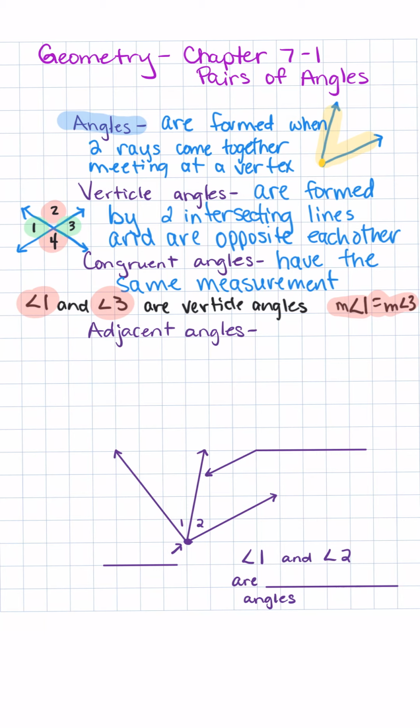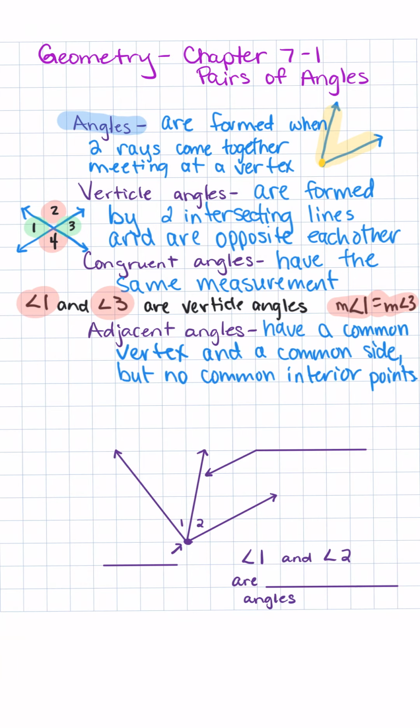So now adjacent angles have a common vertex and a common side, but no common interior points. And here is an example of adjacent angles. So if you look, this is the vertex.